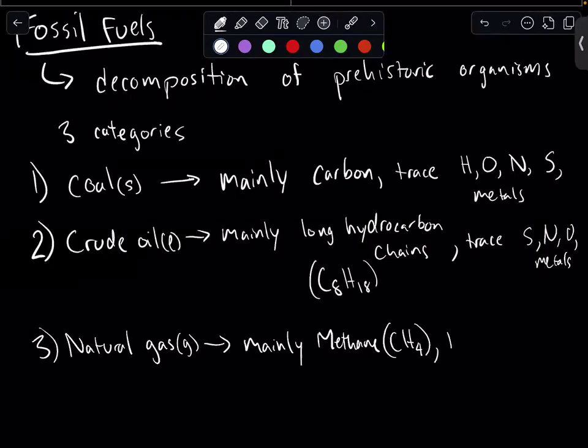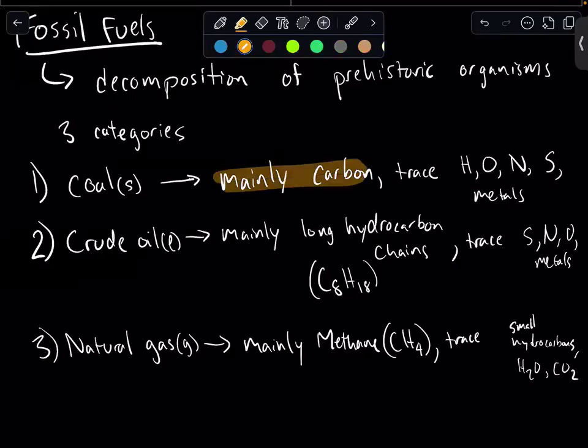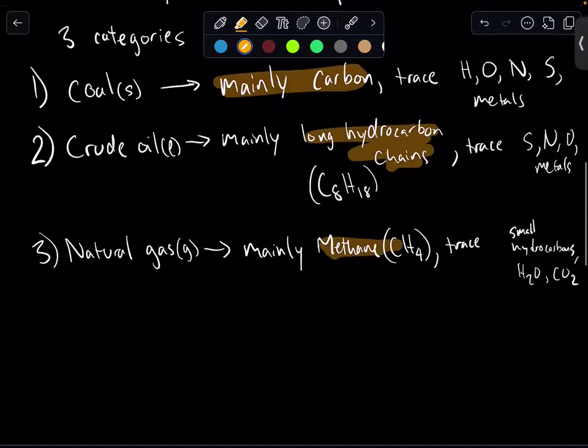In addition, we also have trace small hydrocarbons, such as ethane, two carbons. We also have water and carbon dioxide. But for the most part, we're talking about either pure carbon, long hydrocarbon chains, or methane. So this is what I'm going to be referring to throughout this.